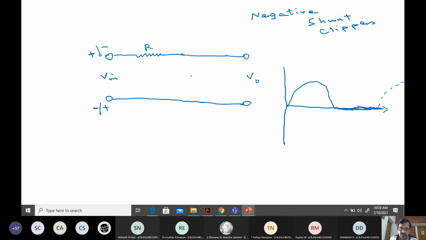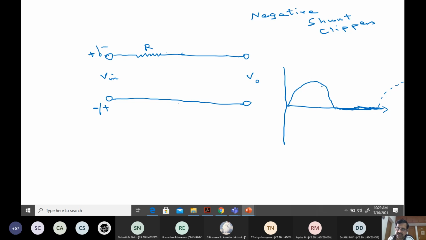But if the diode is open, there won't be any current flow. If there is no current flow, I will get the output similar to the input. But when it is shorted, the current flow is happening, but the potential of this point and this point will be the same, because we are considering the ideal diode model, in which case there won't be any drop across the diode. So I need only the positive part. So think along this direction. How do we connect that?